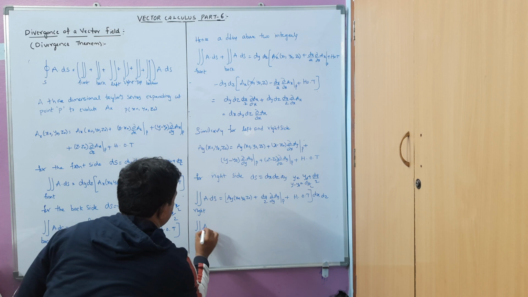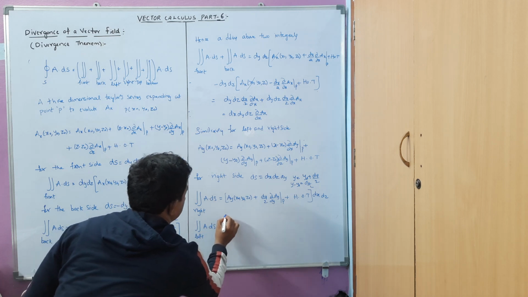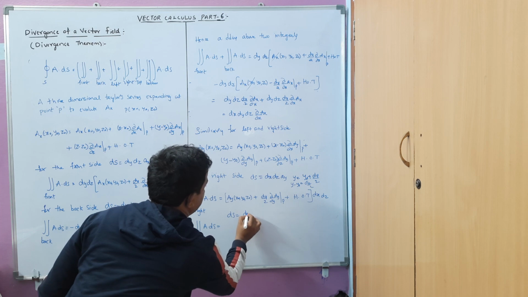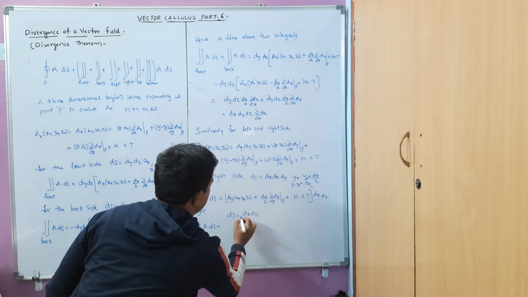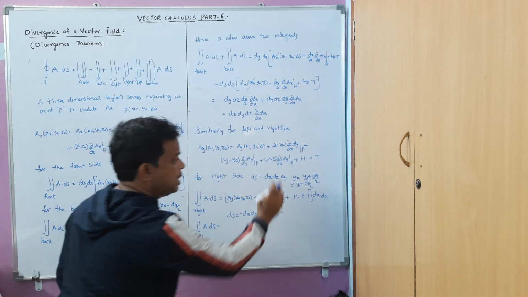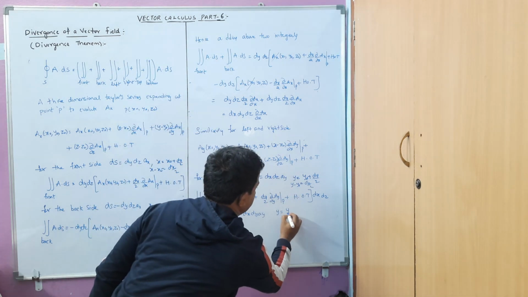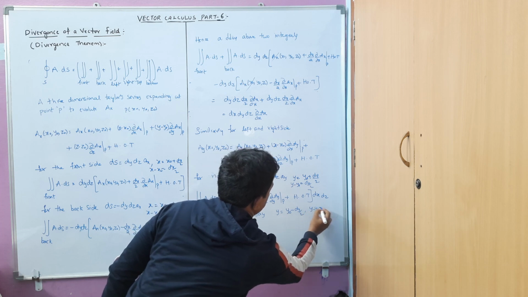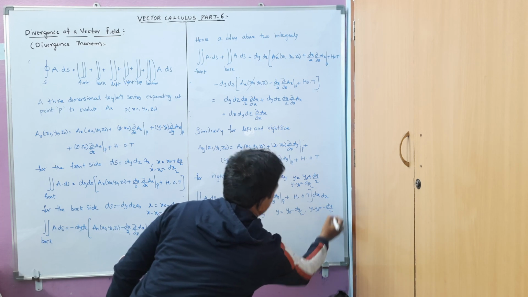Now for the left side, a dot ds is equal to, for the left side I have to write ds here. ds will become dx dz, this will become minus ay, and similarly y is going to become y naught minus dy by 2, and here y minus y naught will give me minus dy by 2.